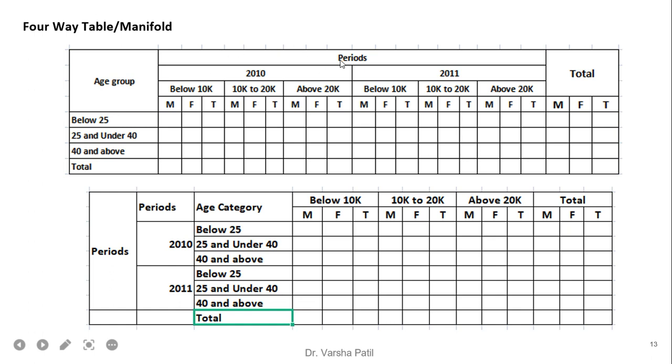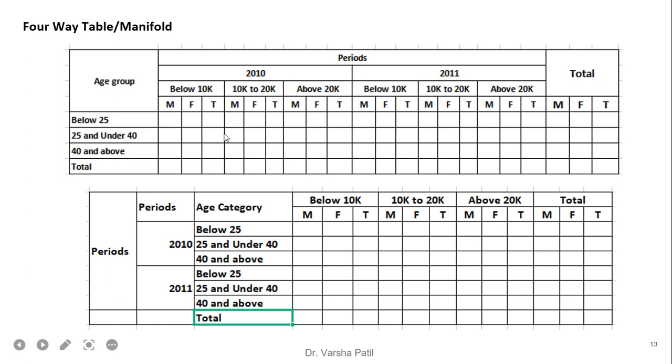After that periods, in periods 2010 and 2011, and again in 2010 these three categories, and within this again male female are there. Now here for 2010 I have not taken the total, but you can keep the total for 2010 also, you can keep the total for 2011 also, and final total of 2010 and 11.